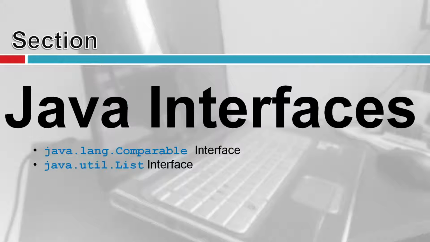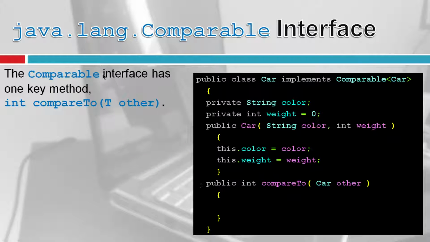Now here are two out-of-the-box interfaces in Java, the java.lang.Comparable and the java.util.List interface. The Comparable interface has one key method that you need to be concerned with, and that's the compareTo function. Now this T is a placeholder, it's using generics. So essentially when I'm going to compare something, I want to compare it against other cars.